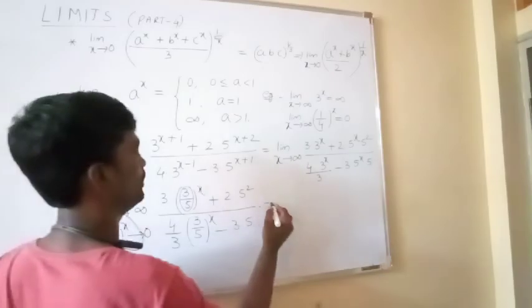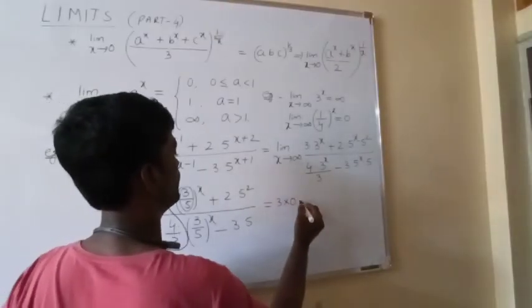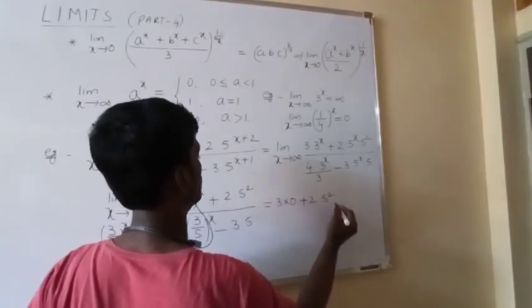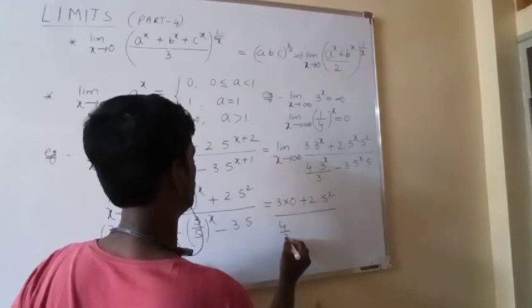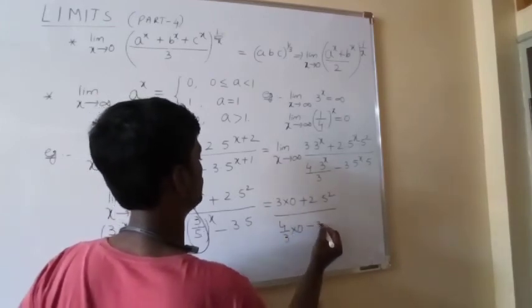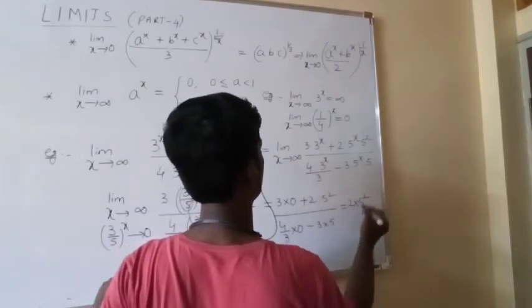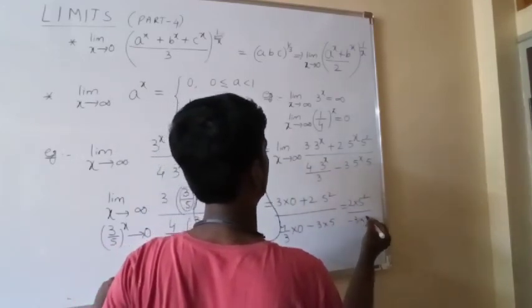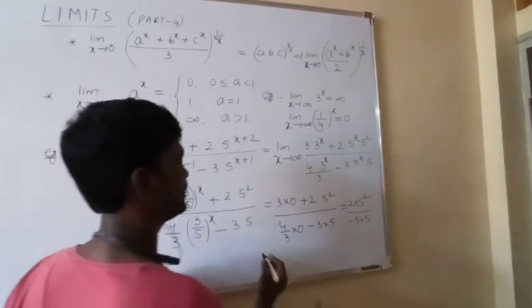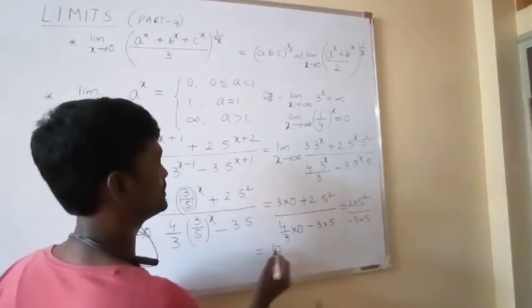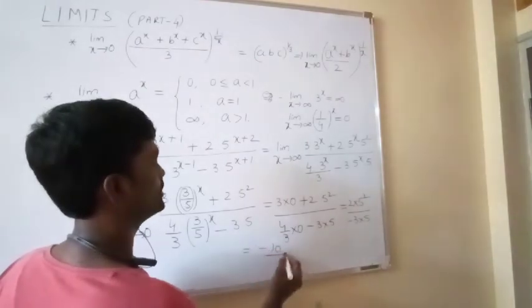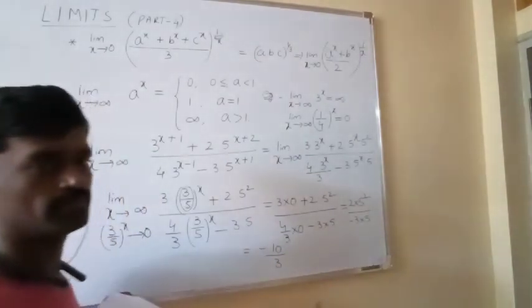So you'll get 3 into 0 plus 2 into 5 square, divided by 4 by 3 into 0 minus 3 into 5. That is 2 into 5 square in the numerator, and minus 3 into 5 in the denominator. The 5 gets cancelled. You'll get 10 upon minus 3, which is equal to minus 10 by 3.